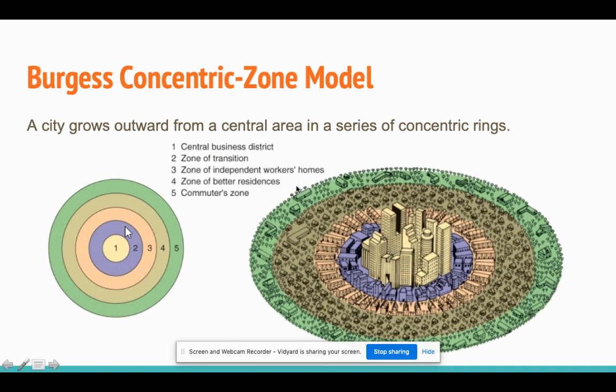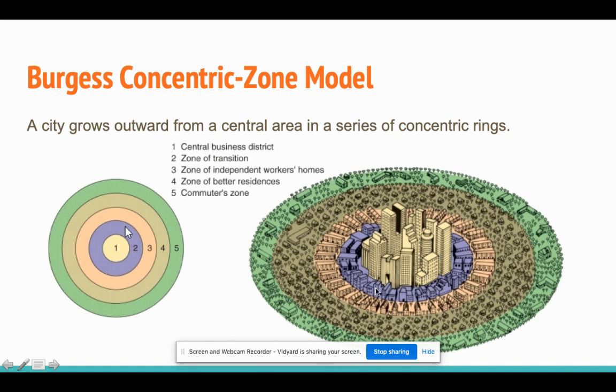So we've got that central business district here in the center. And then on the outside of that, we have what's called a zone of transition. And these are people that can't afford to live in the heart of the central business district because the rent is too high. But you can see that a lot of times it could be some multiple level houses, maybe townhomes, small apartments, that kind of stuff.